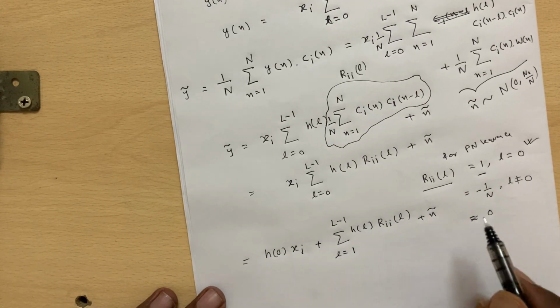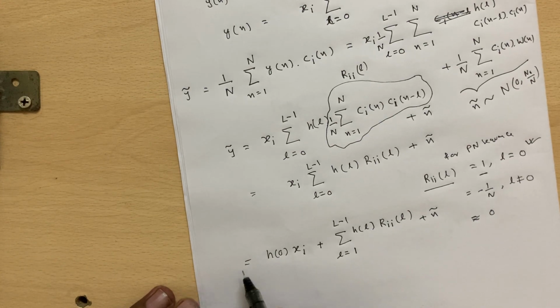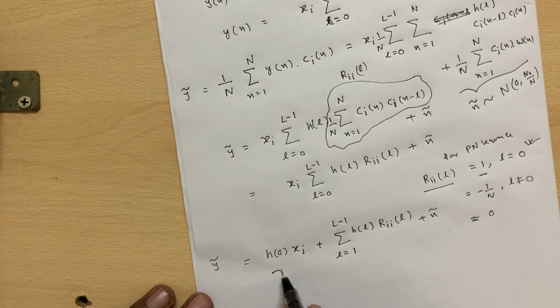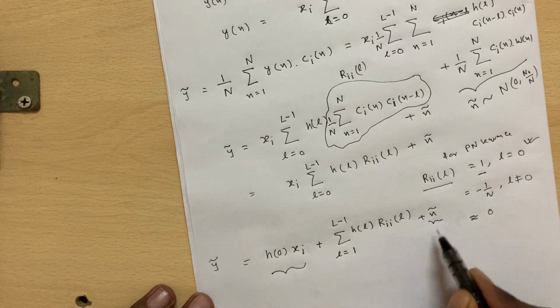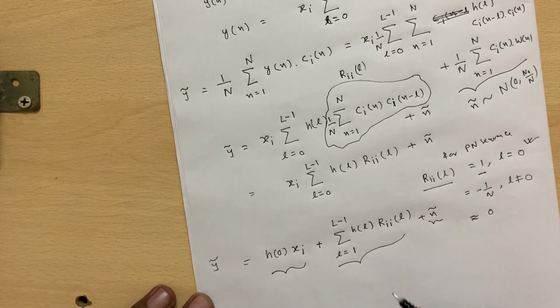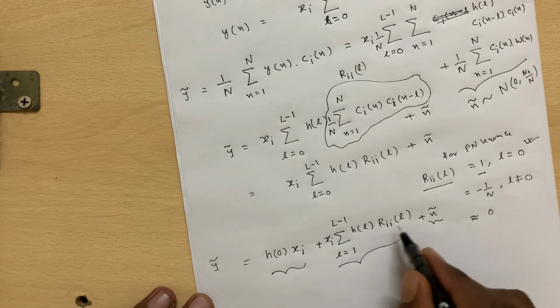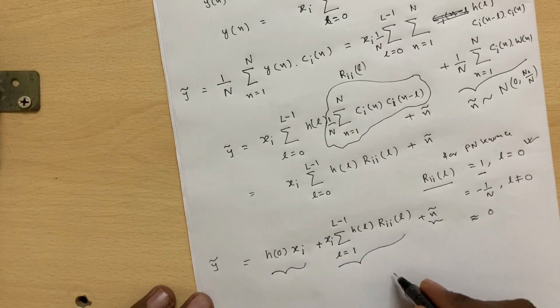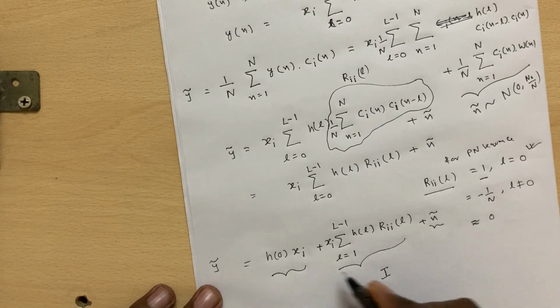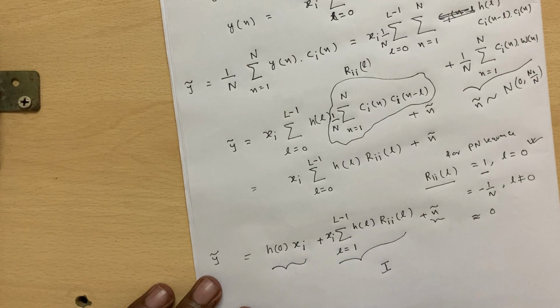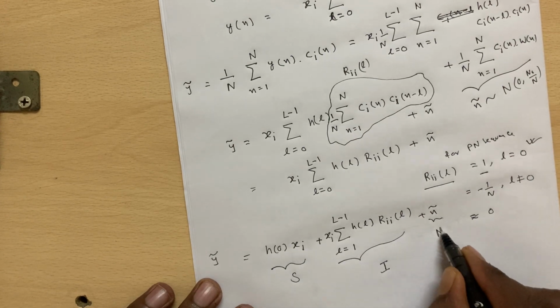For any type of code words selected, this condition will hold. That is, there will be a signal component, there will be a noise power, and there will be another thing which will act as interference in decoding this xi, because this is the signal of interest.